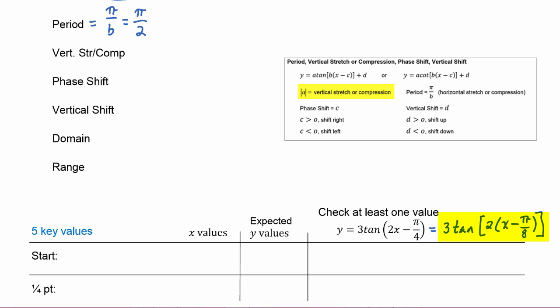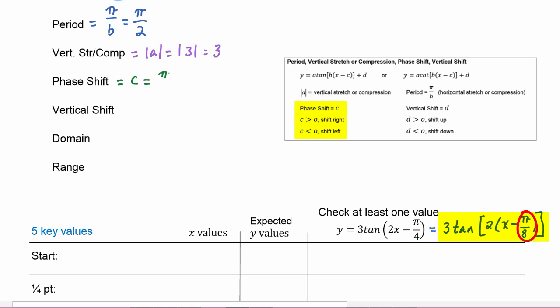The vertical stretch or compression is the absolute value of A, which is the absolute value of 3, which is 3. The phase shift is equal to C, and in this case, C is positive because remember, it's what comes after the minus sign.